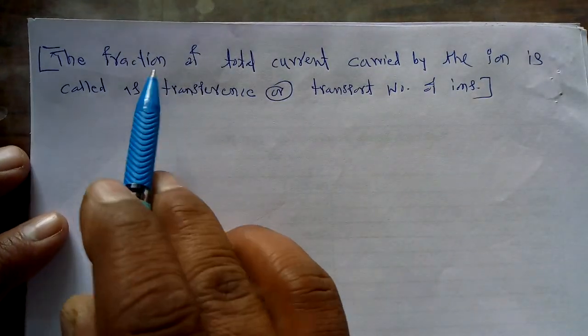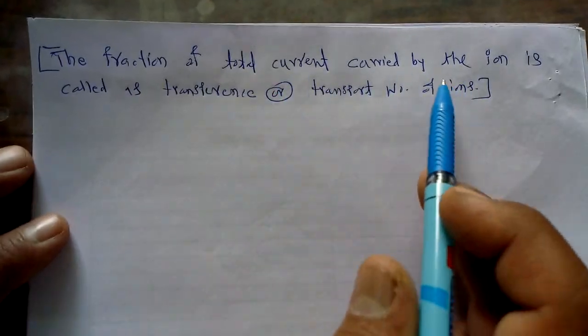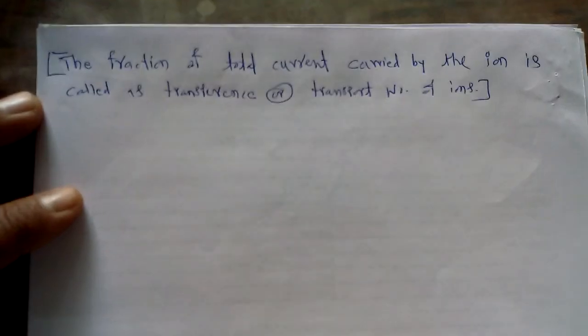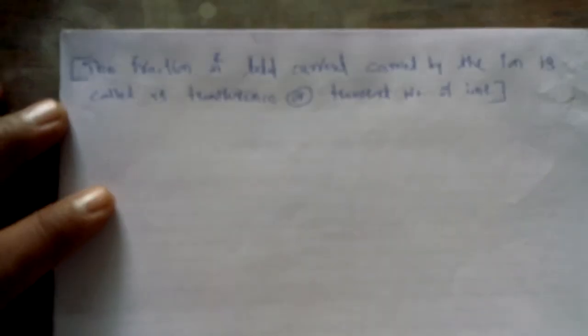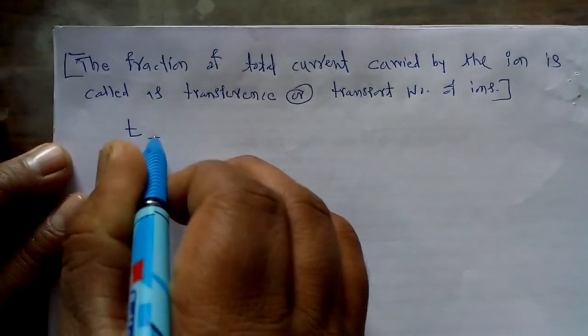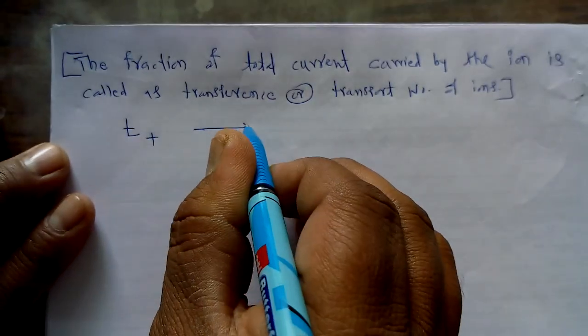It is the fraction of total current carried by the ion that is called the transference or transport number of these ions. The transference number of the cation is denoted by T plus.